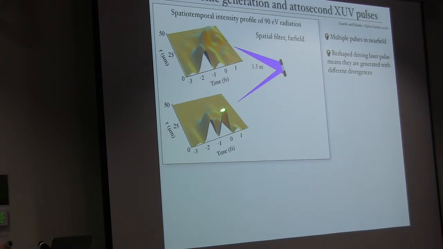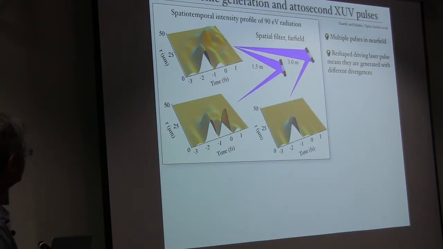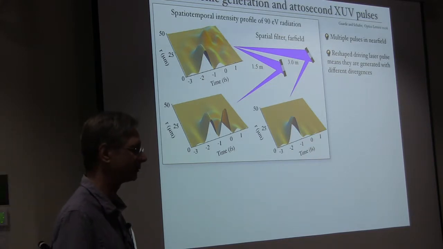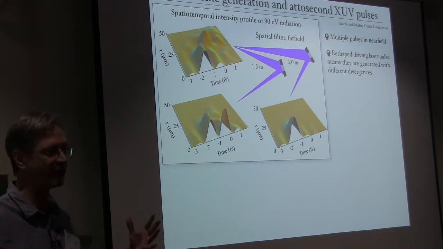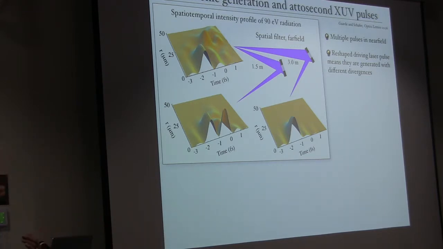But these pulses have different divergences. And if you move the mirror back a little ways, like 3 meters, then you're only going to select one of these pulses. And long story short, this is how the experiment was done. For reasons that, as far as I can tell, have as much to do with the layout of the lab as anything, it's 3 meters and not 1.5 meters. And it's a very happy ending because of that.